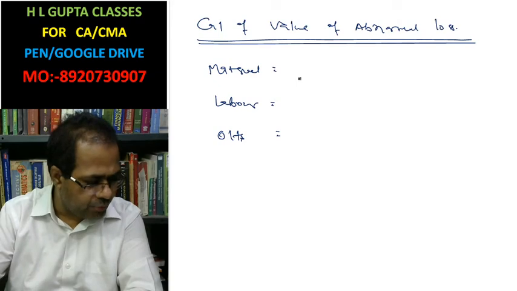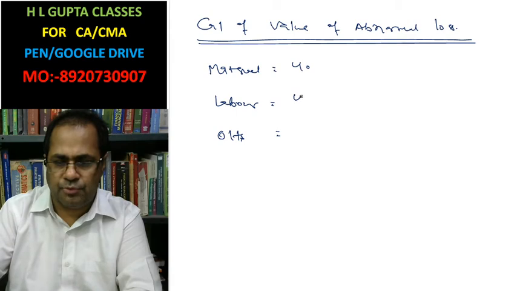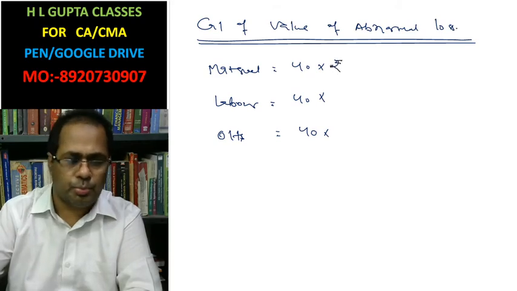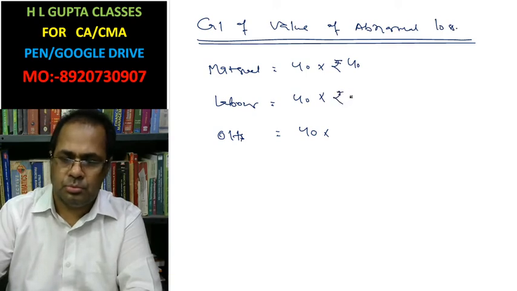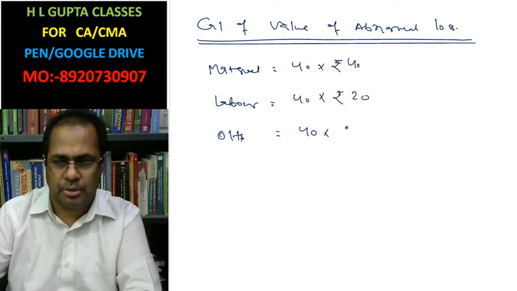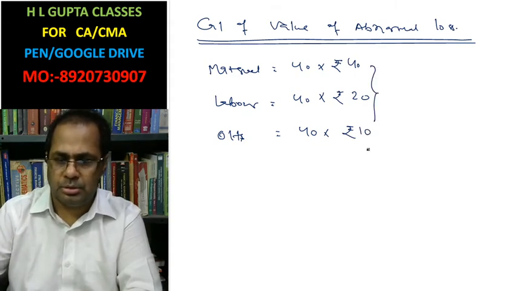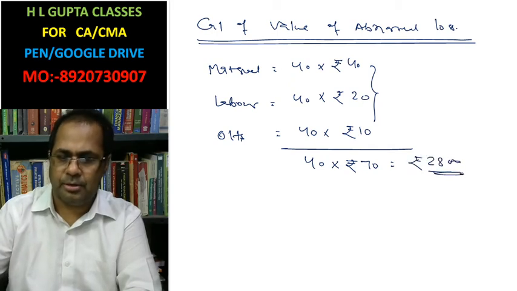This was 40 units each, into rupees 40 per unit, rupees 20 per unit, rupees 10 per unit. This implies that 40 into rupees 70, that is rupees 2800.